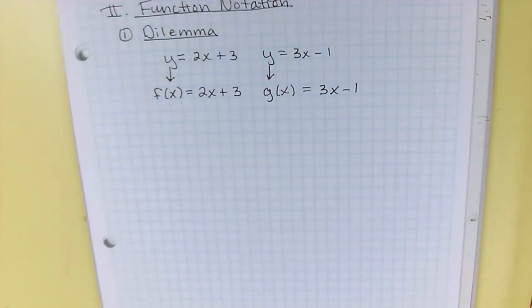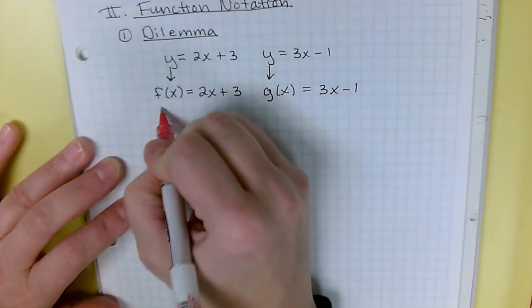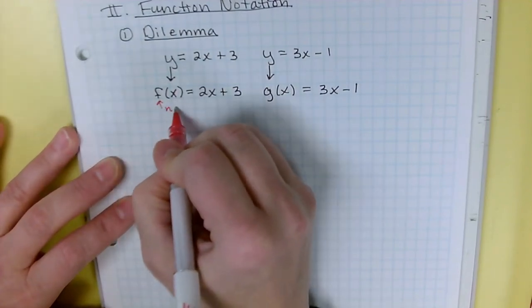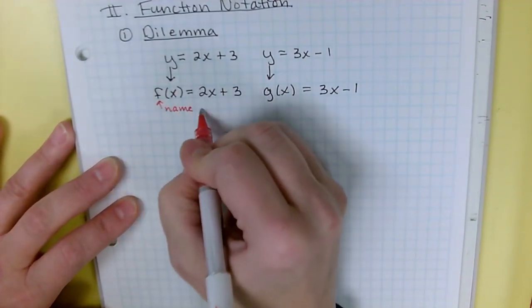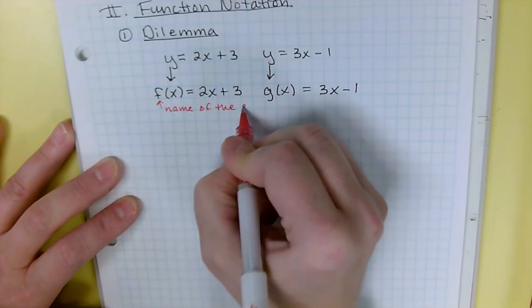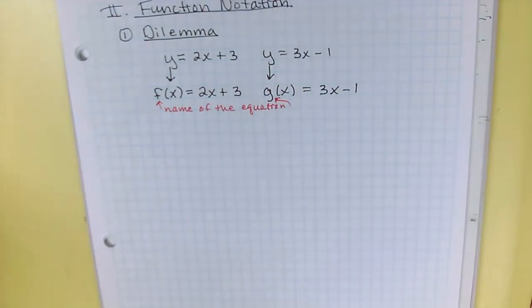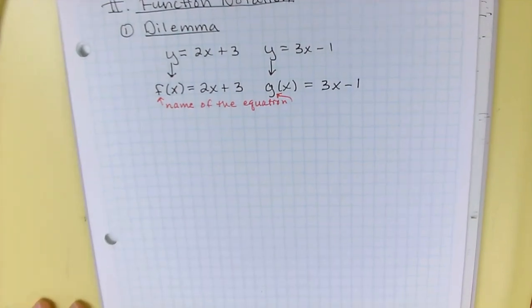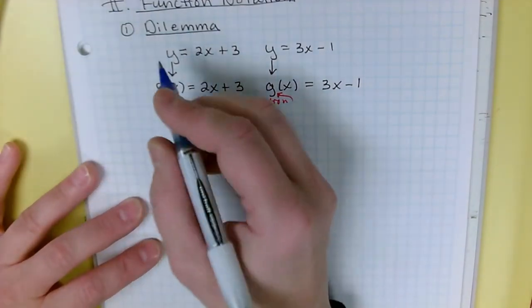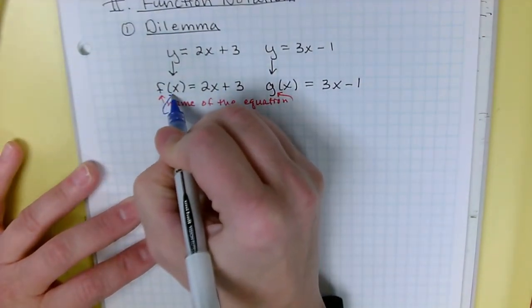Okay, so the letters F and G, those are the name of the equation. So I have equation F and I have equation G. So that's the first thing that function notation tells you, which one is which. Okay, the second part of the notation is the x in the parentheses.